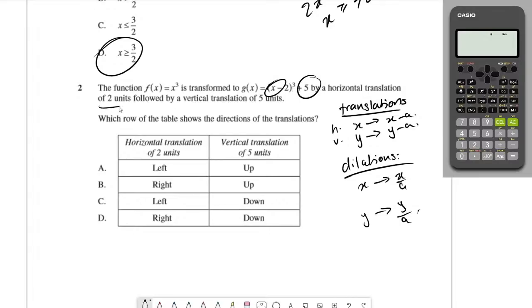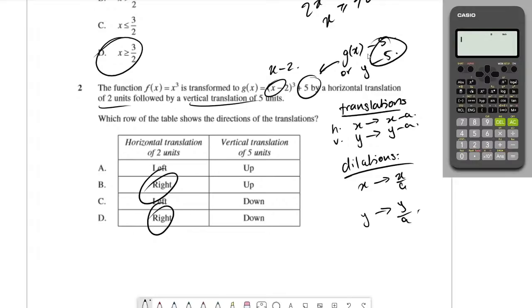In this case, we've only got 2 applications of this. In fact, it actually tells us what they are: 2 units, 5 units. We're replacing x with x minus 2, so it's going to be 2 to the right. So it's either that one or that one, and your plus 5 on the end. Originally, if we move it back to the other side, it's g of x minus 5, or if we call our function y, that's just y minus 5.